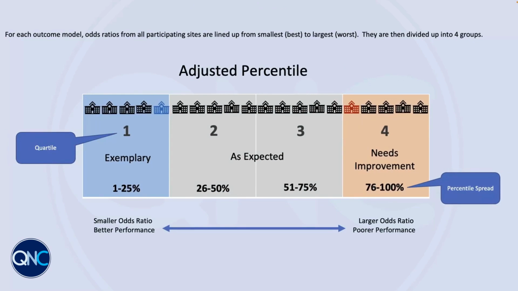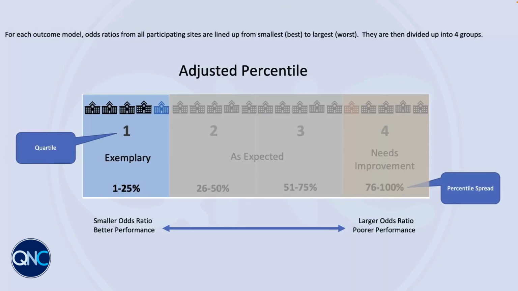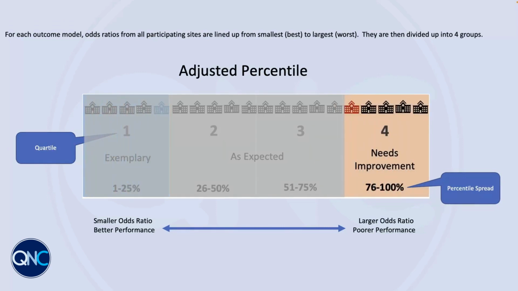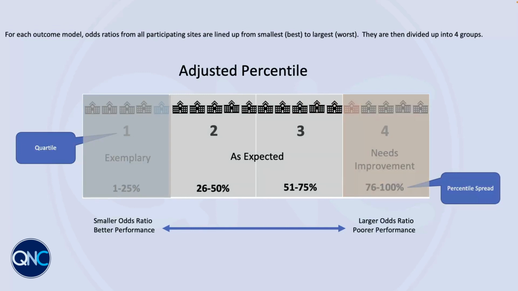Quartile 1 contains the top 1st to 25th percentile and is considered exemplary. Quartile 4 contains the bottom 76th to 100th percentile and is considered needs improvement. And quartiles 2 and 3, the two quartiles in the middle, comprising the 26th to 75th percentile, are considered as expected performance.